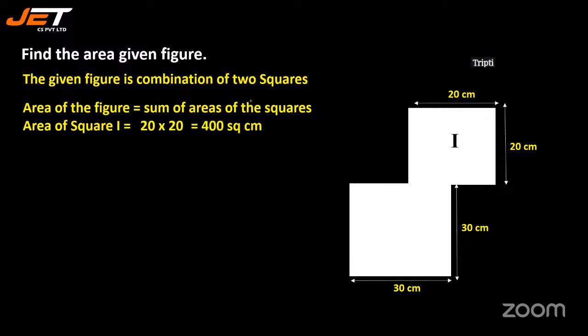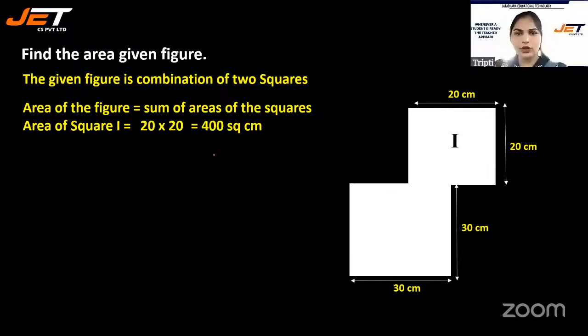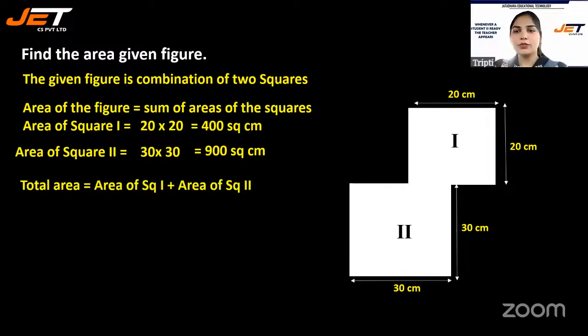And the second one is 30 times 30, which is equal to 900 centimeters square. Now, the total area is the area of square 1 plus the area of square 2, which is 400 centimeters square plus 900 centimeters square. 1300 centimeters square is the answer.